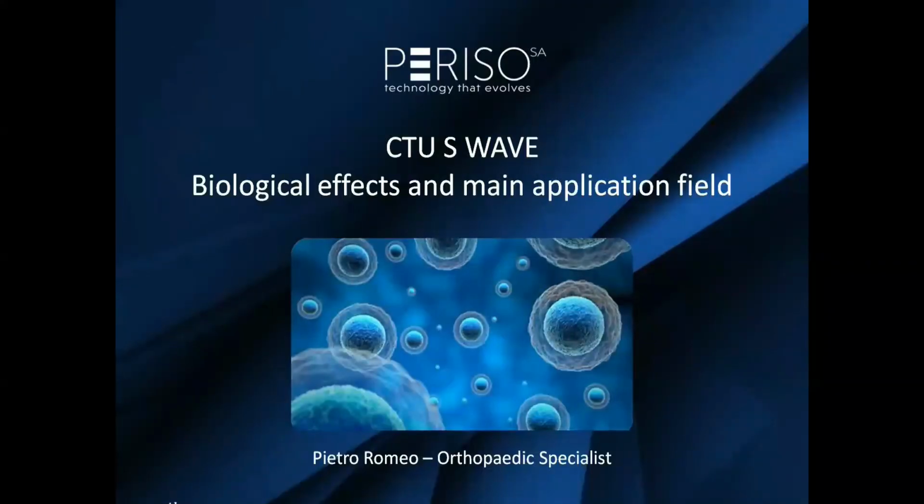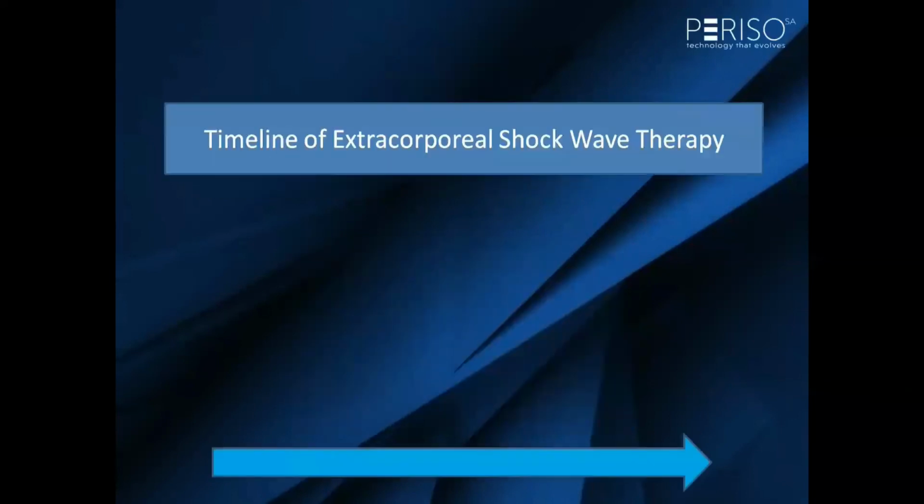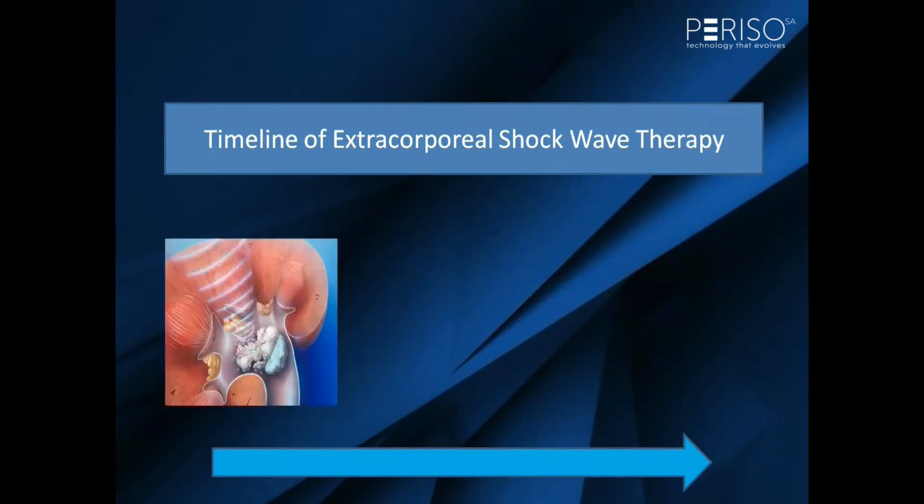Okay, the biological effect is the most important aspect of all the machines. This is an evolution in the concept of shock waves over the 30 years that we have used shock waves for medical purposes.